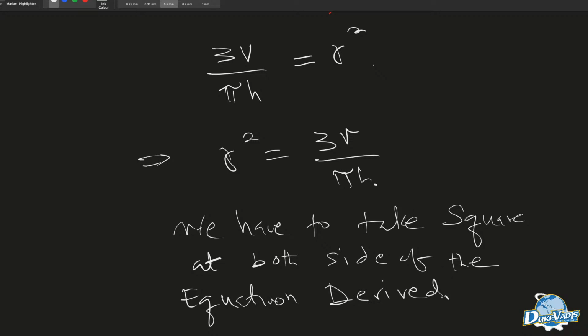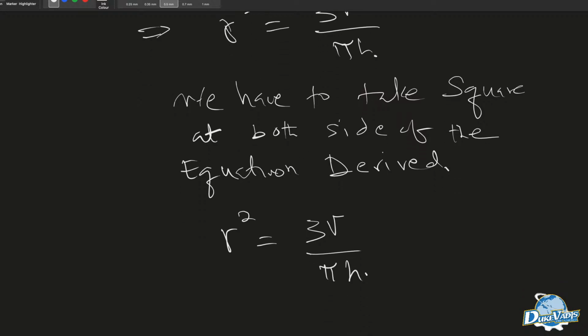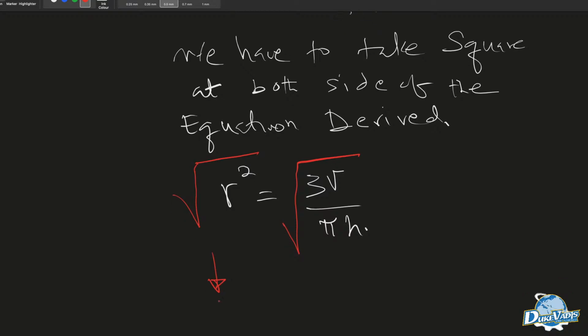This is the equation we derived. Our equation says r squared is equal to 3v all over pi h. So we are going to take square roots to both sides: the square root to the left hand side and the square root to the right hand side. And we know that the square root of r squared will be r.